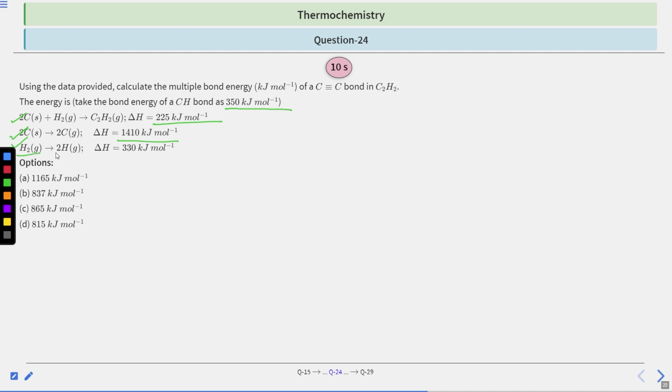And H2 gaseous will become 2H gaseous, so del H will be 330 kilojoule per mole. So options are 1165 kilojoule per mole, 837 kilojoule per mole, 865 kilojoule per mole, or 815 kilojoule per mole. So you have 10 seconds to solve this question. After that, we will see the answer.